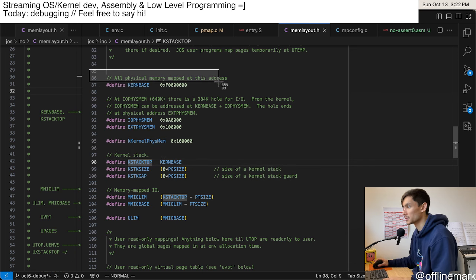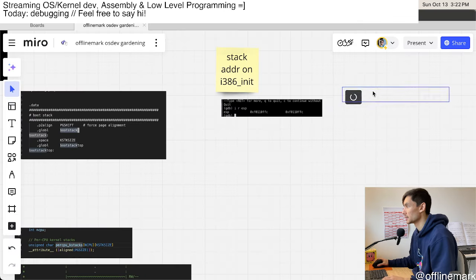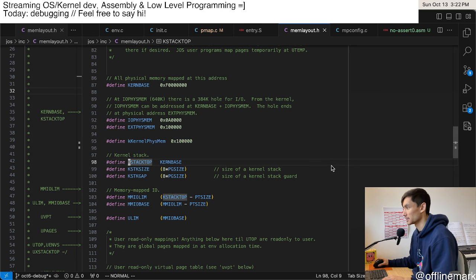Okay, kern base is here. Kernel stack is here.